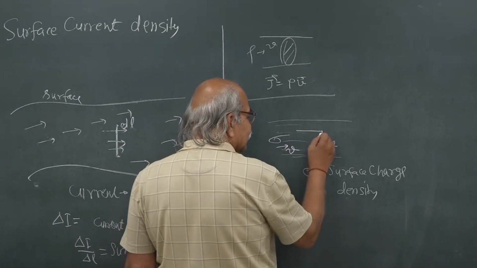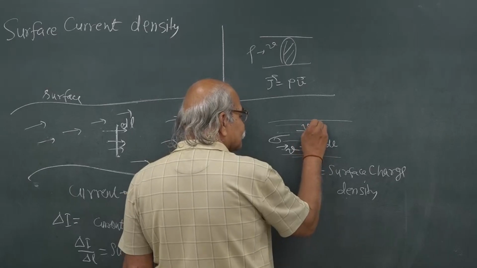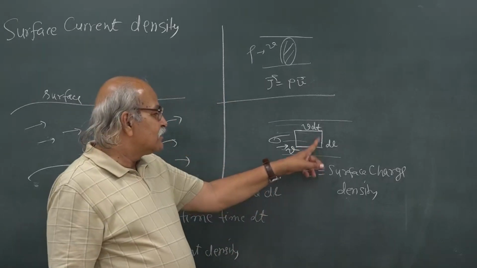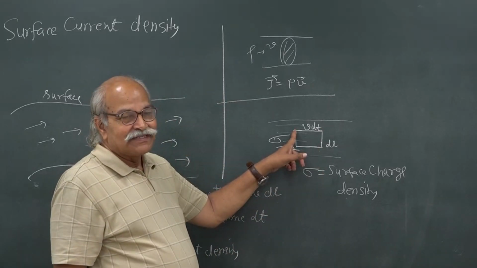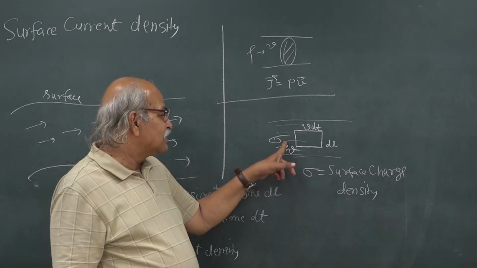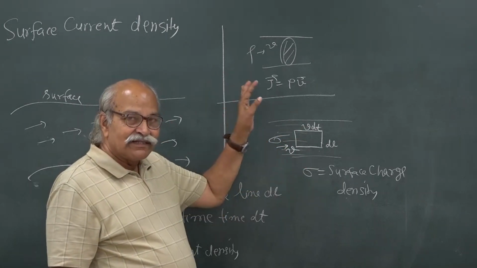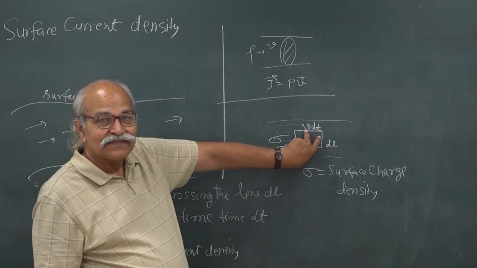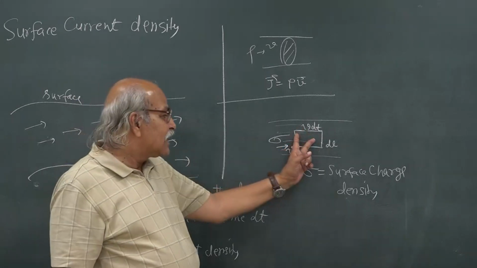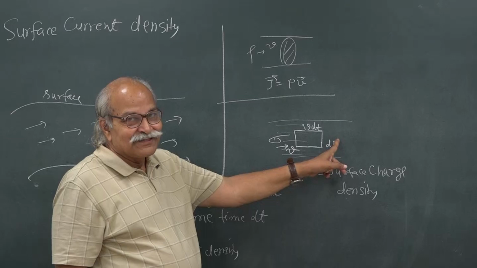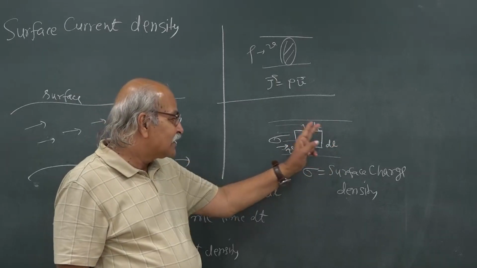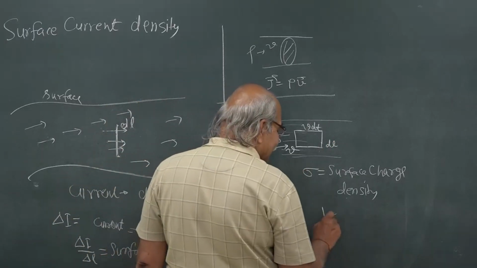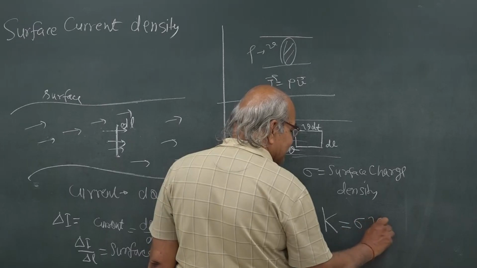If I take this rectangle of length v dt, dl is the width and v dt is the length, v is the velocity with which the charges are moving. Similar analysis, whatever charge is in this rectangle at some time t, in next time dt, this entire charge will cross this dl. From there you can calculate the current and then the current density, and what you will find is K is equal to sigma v, with a vector sign.